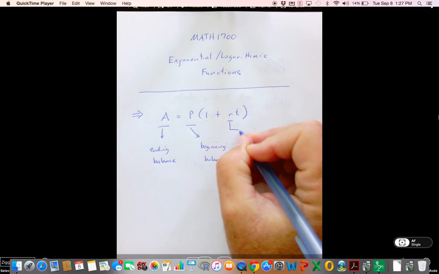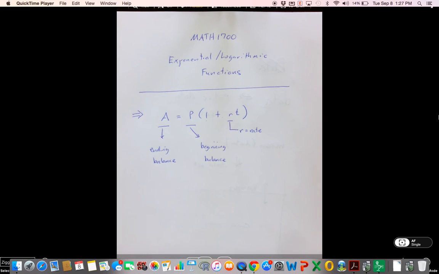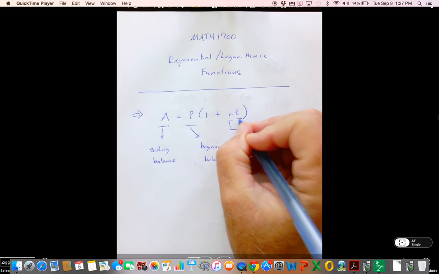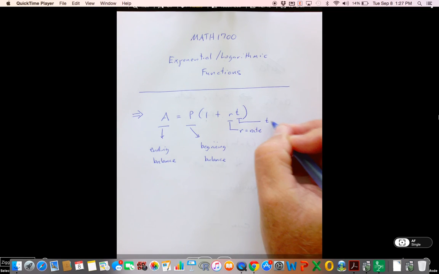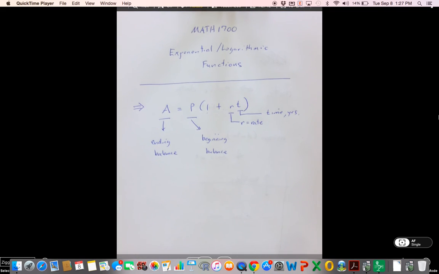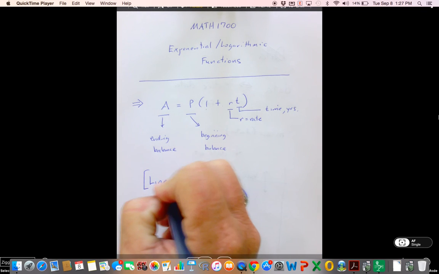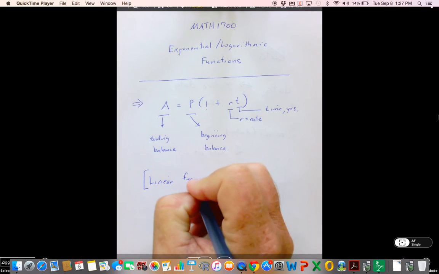Should be pretty clear what r is. And times t, time in years. Now, guys, this is what is called a linear function.